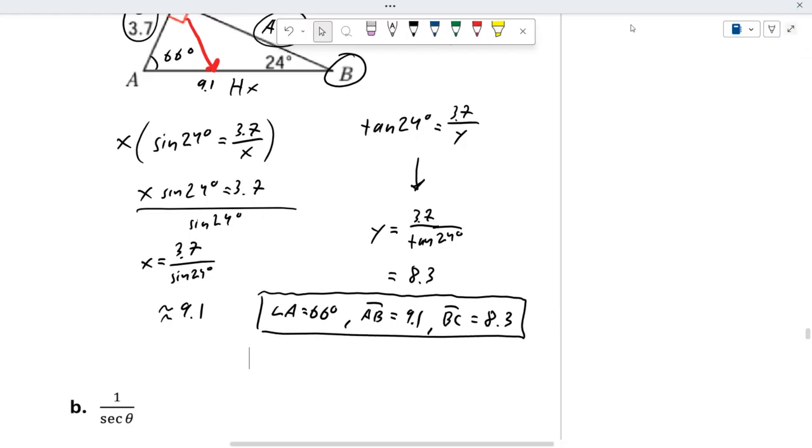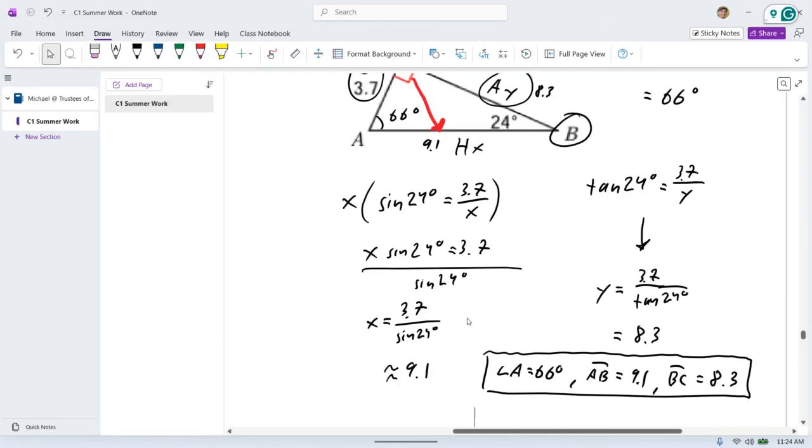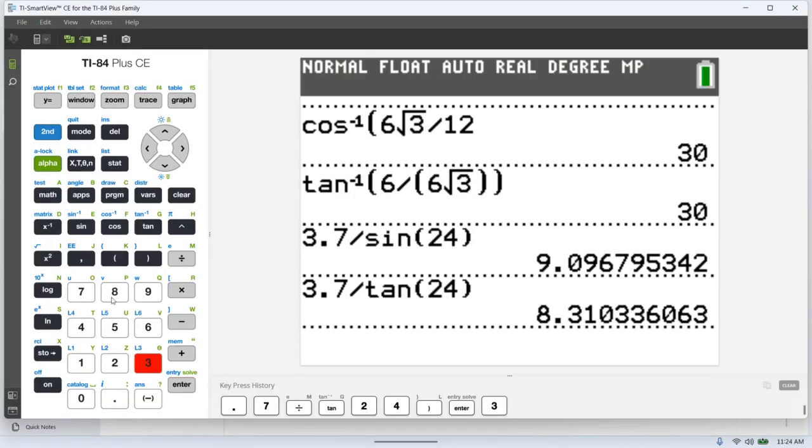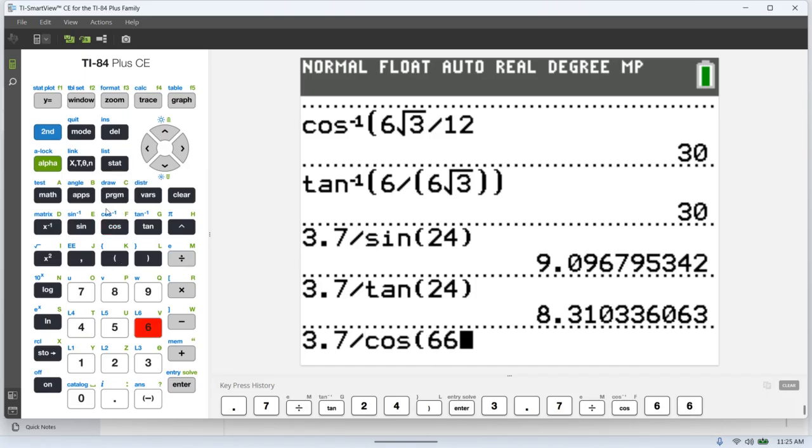Quick side note here, if you were to use the 66, when you solve for the hypotenuse, you would end up getting cosine. So it'd be 3.7 divided by cosine of 66.